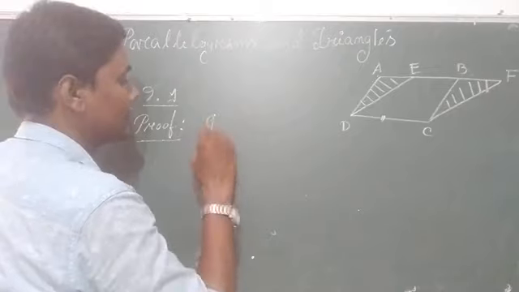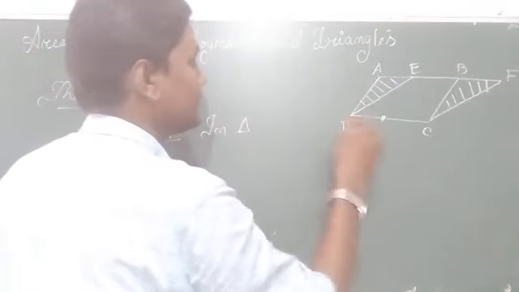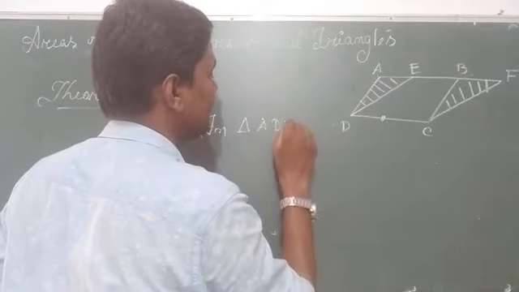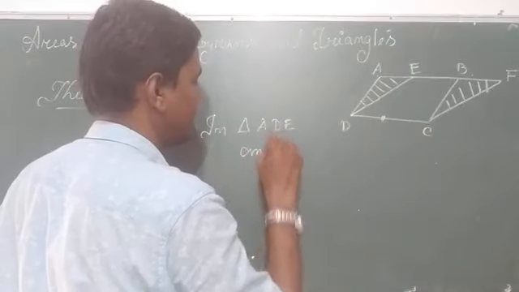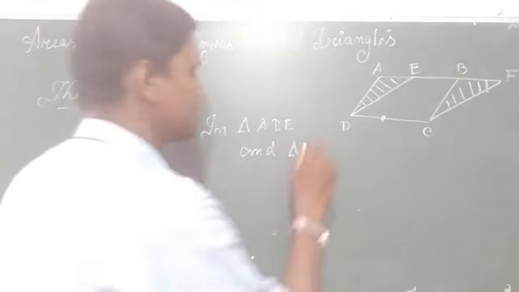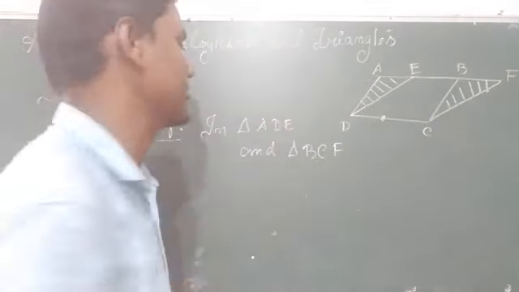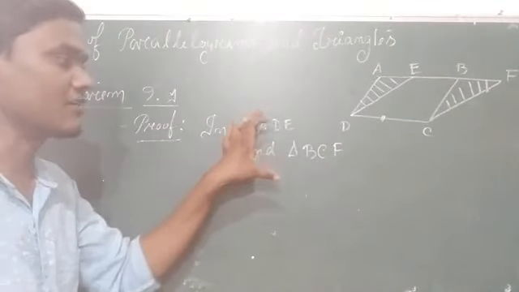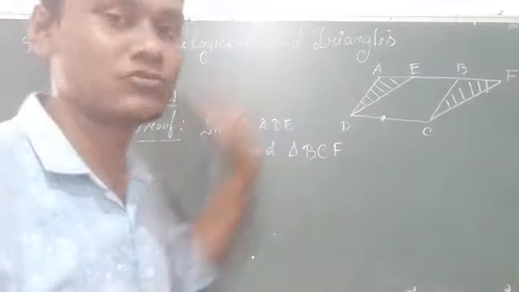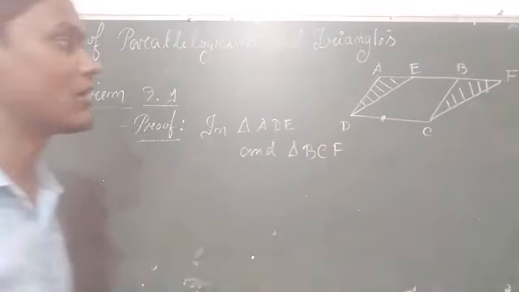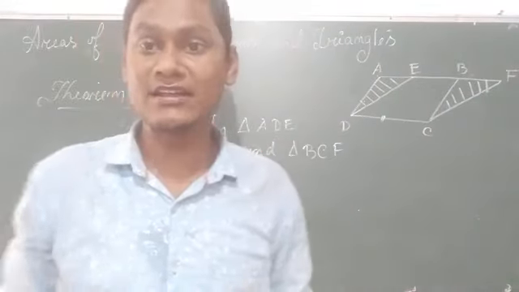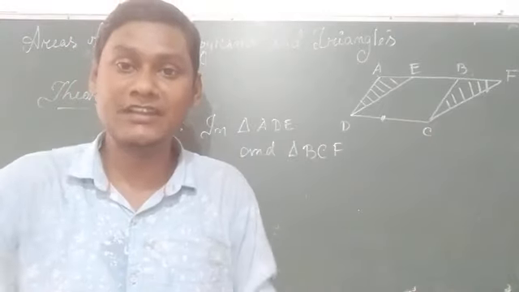So what I will do is, in triangle ADE and triangle BCF, these are the two triangles. I have to show them congruent. That's why I have taken the two triangles and written the names of the two triangles. Now let's see what are the things. We are already familiar, last class I discussed the various properties of parallelogram.